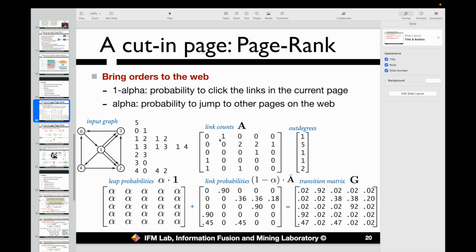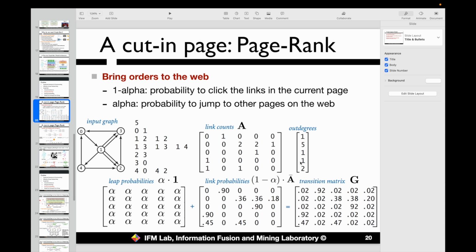So for example, for the first row, it has one single entry with value 1, its degree is also 1, so we divide this one by the 1 we define here, right? Then for the second row, we have two entries with value 2, one entry with value 1, and its degree is 5. We can divide this 2 and 1 by 5. Then this will correspond to 0.4, 0.4, and 0.2, right?